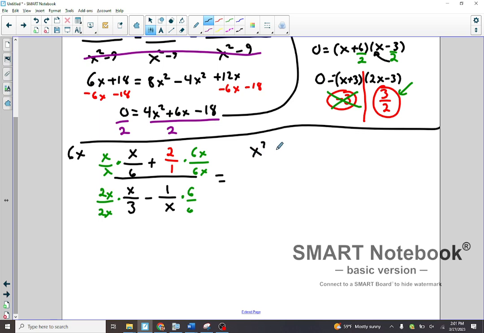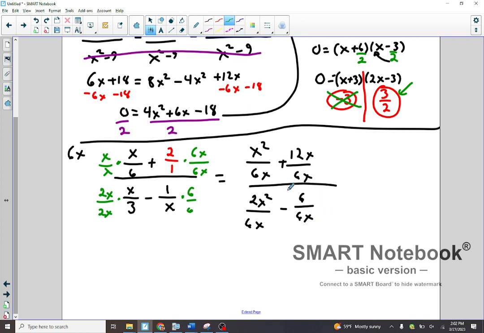So it's x squared over 6x plus 12x over 6x, over 2x squared over 6x minus 6 over 6x. Because everything has a 6x on the bottom, I could cross them out. So I just rewrite this as x squared plus 12x over 2x squared minus 6.